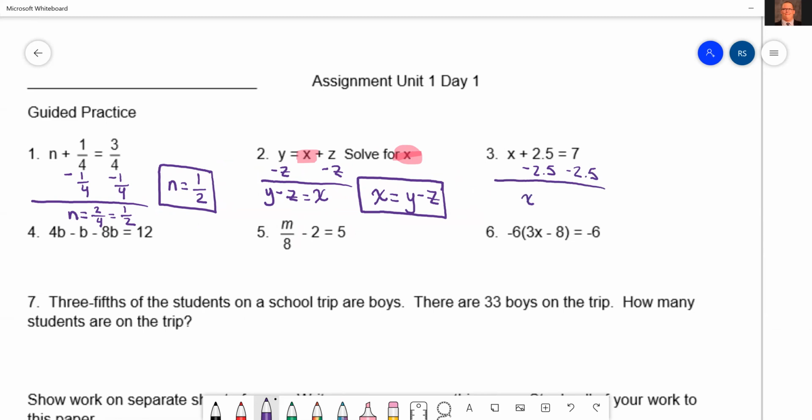It's going to give us x equals 7 minus 2.5 is 4.5. There's our answer.